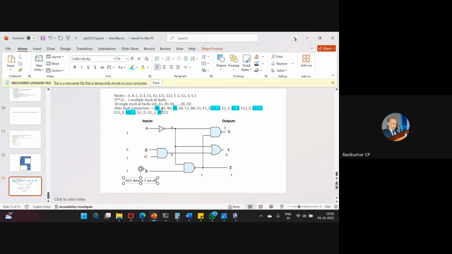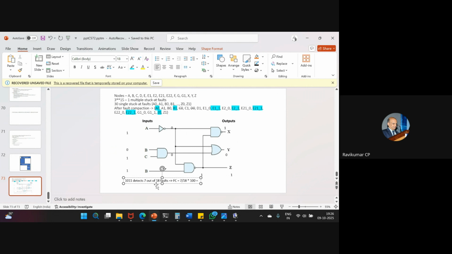We had 1, 2, 3, 4, 5, 6, 7, 8, 9, 10, 11, 12, 13, 14, 15, 16, 17, 18. So 7 out of 18 faults. So its fault coverage is 7 by 18 times 100.